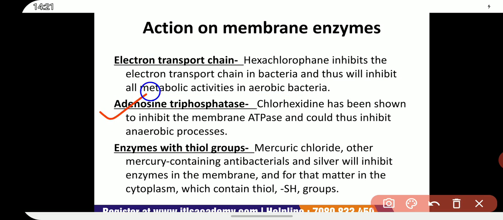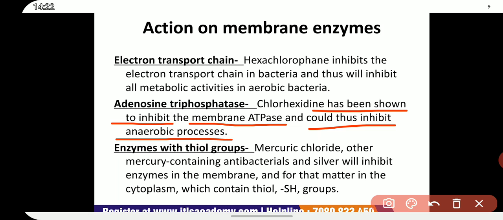Next is adenosine triphosphatase. Chlorhexidine has been shown to inhibit the membrane ATPase and could thus inhibit anaerobic processes.